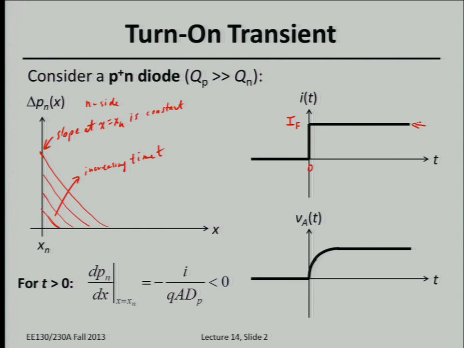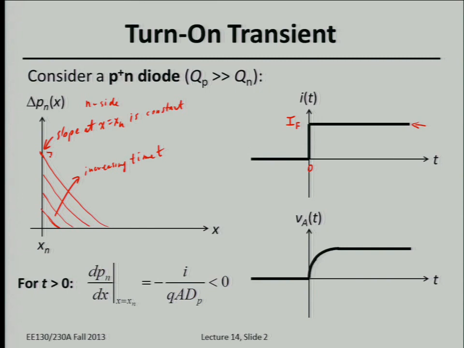So the diffusion current due to holes, which is the dominant component of current in this one-sided junction, the slope, whatever slope there is at the edge of the depletion region, has to be the same for all times, because that slope determines the whole diffusion current at the edge of the depletion region.